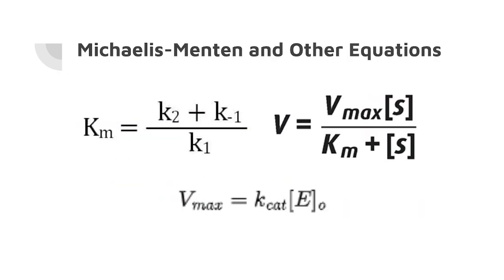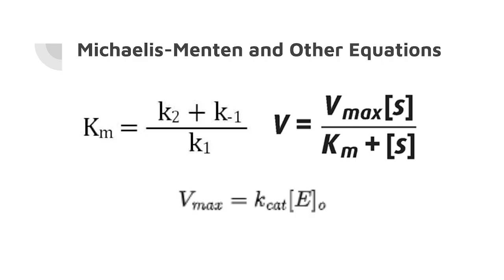And so these variables are placed into what is now known as the Michaelis-Menten equation. And there are also some other equations that are also used to study the enzyme kinetics.